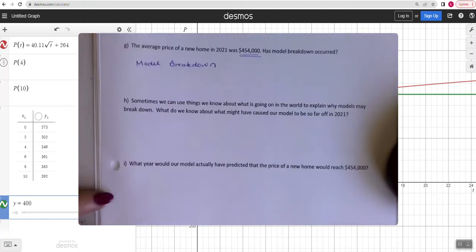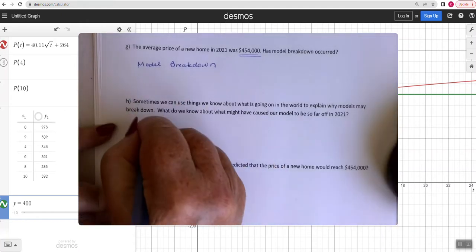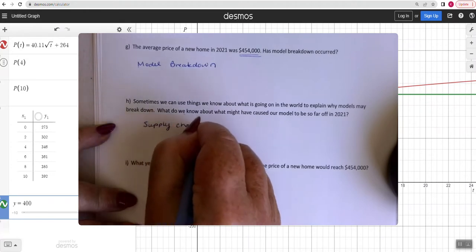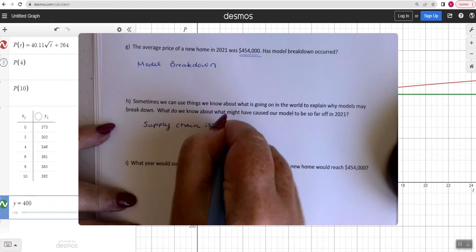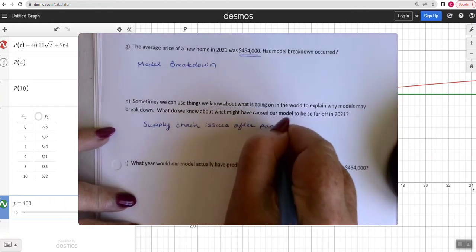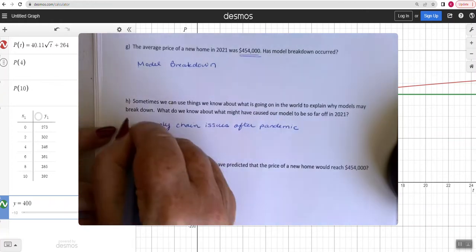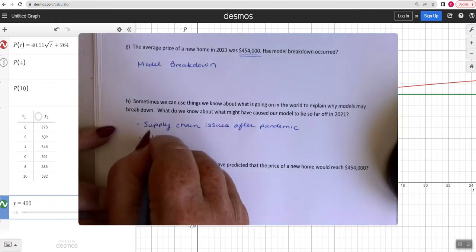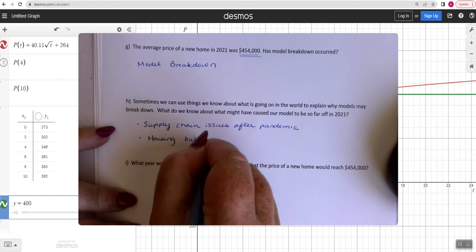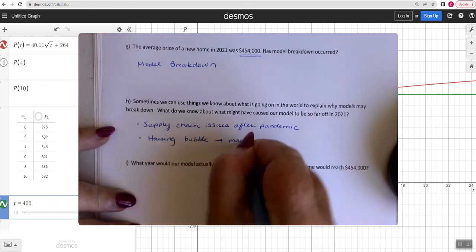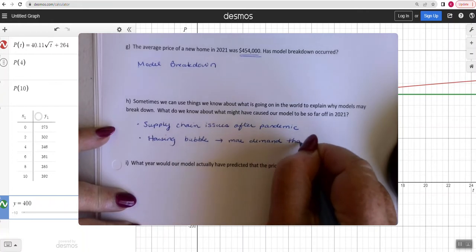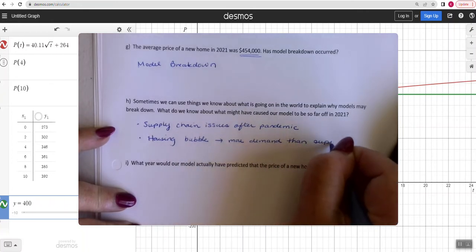So we know that because of supply chain issues after the pandemic, we know there was a housing bubble. More demand than supply. Right?